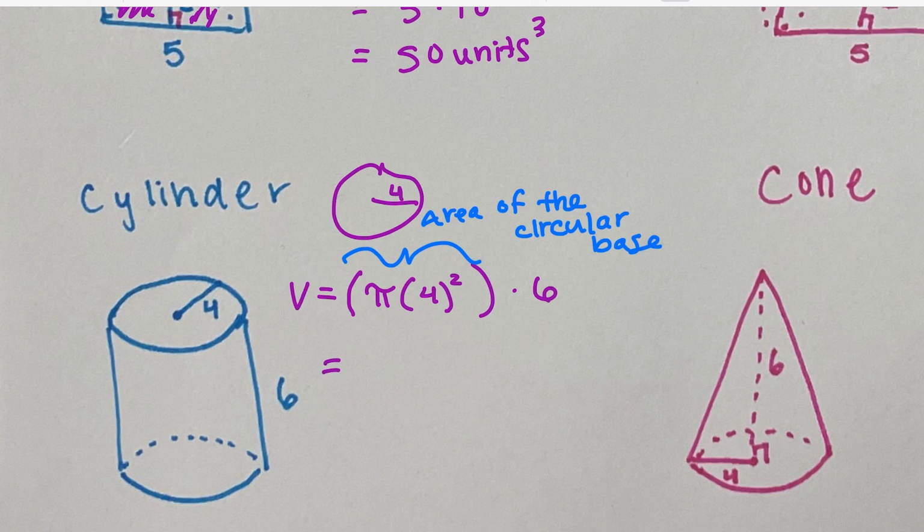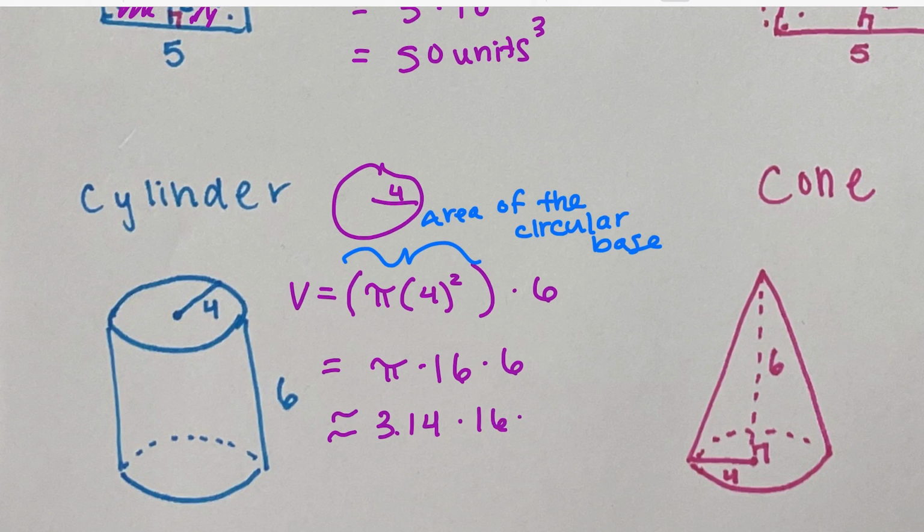All right, we're going to multiply this out. We've got pi. First, we do the 4 squared because that's order of operations. We deal with the exponents first. 4 squared is 16. And pi is 3.14. I'm starting to use these squiggles here because 3.14 is approximately pi, it's not fully pi.